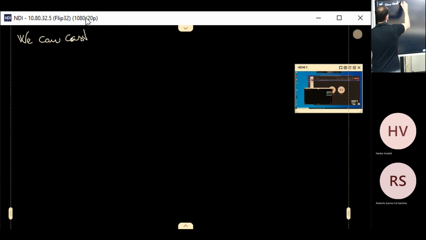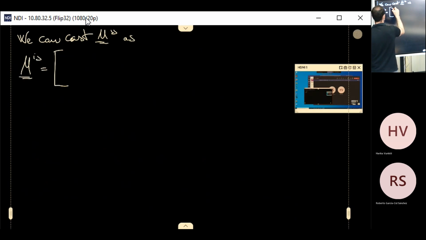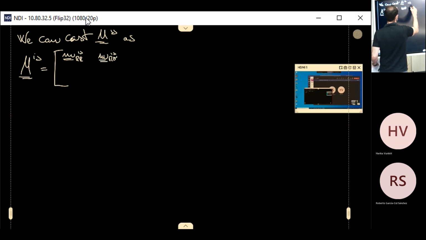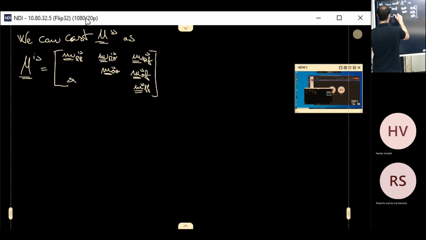So we can cast M ij as, with all the submatrices MRR ij, MR theta ij. Okay, so these are the quantities that we have defined before.